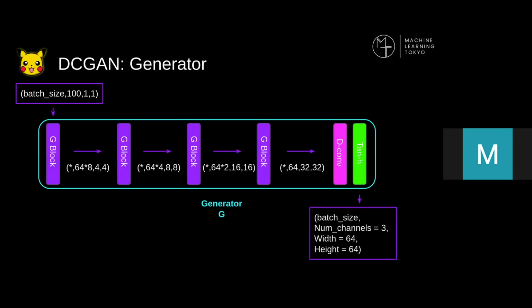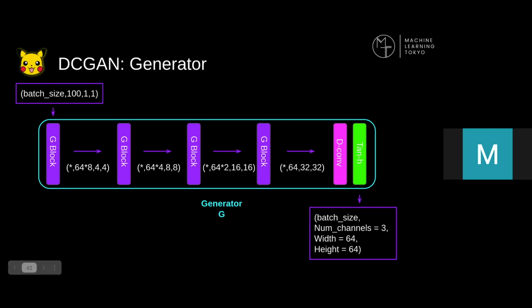If we look deeper into each and every output of the G blocks, what we find is that we first take that 100 vector and project it using G blocks into 64 by 8, then 64 by 4, and by 2, and then 64 at the end.